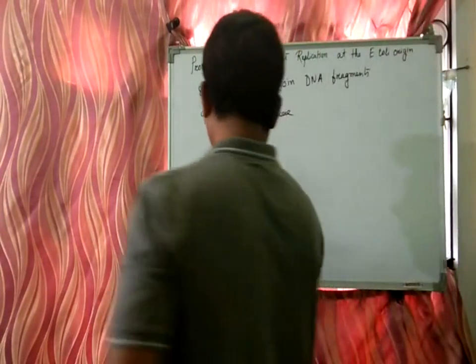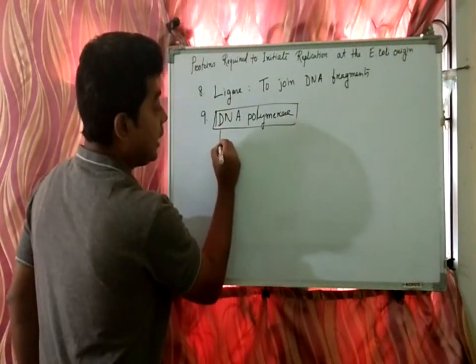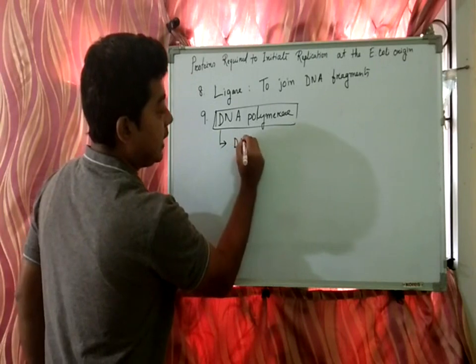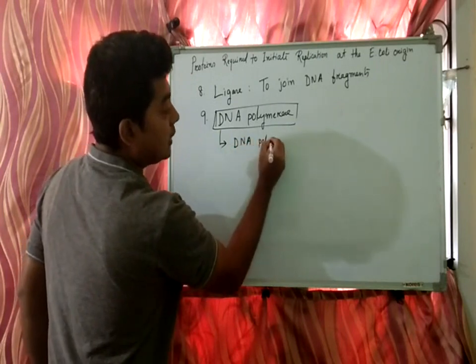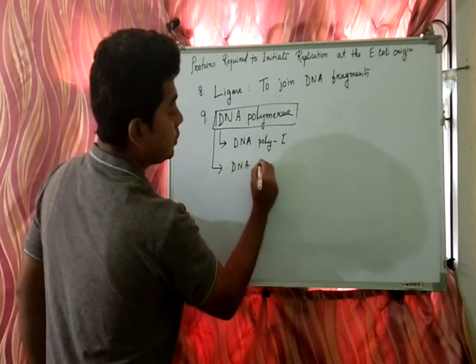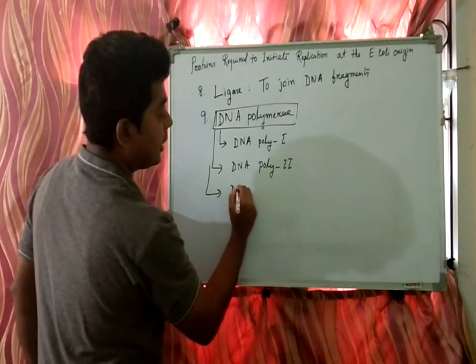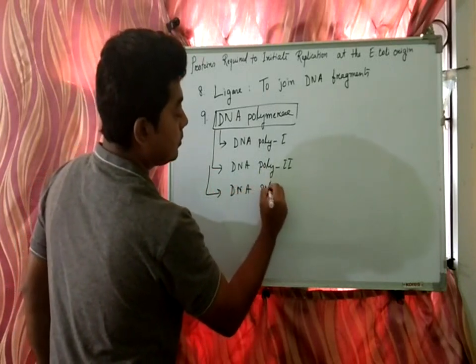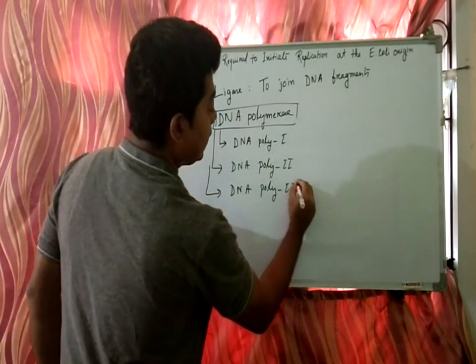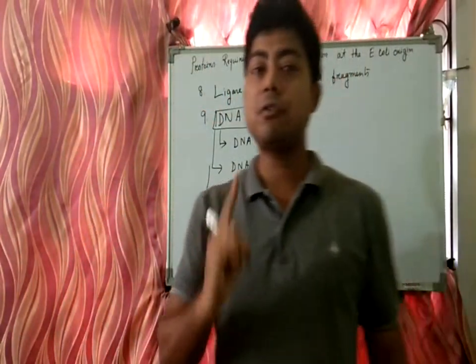In case of prokaryotes, there are three DNA polymerases: DNA polymerase 1, DNA polymerase 2, and DNA polymerase 3.